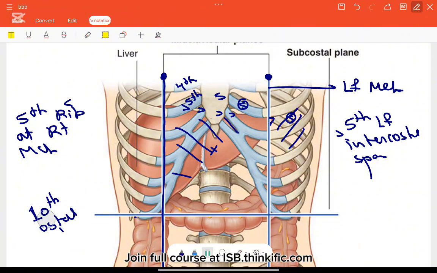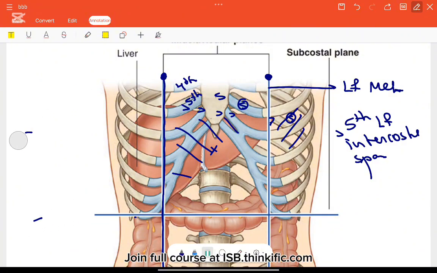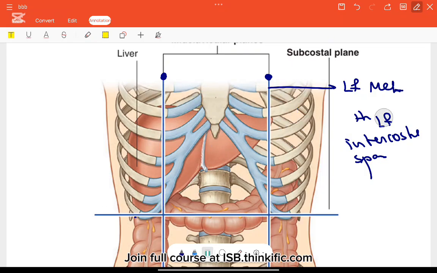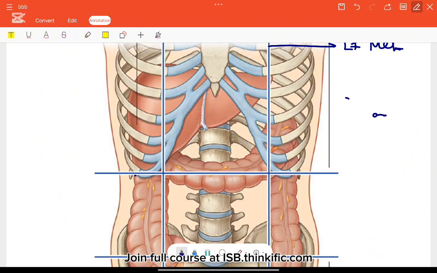There are anatomical variations, or situations in which the liver can be at a lower level, especially when we talk about the inferior border. One situation is that some people have an extension from the right lobe of the liver.